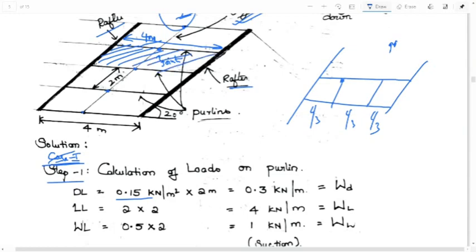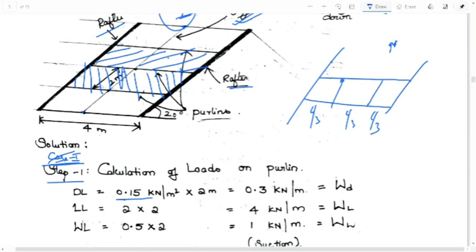Let me erase this for once. See now, this entire area is being subjected to a load of 0.15 kilonewton per meter square.